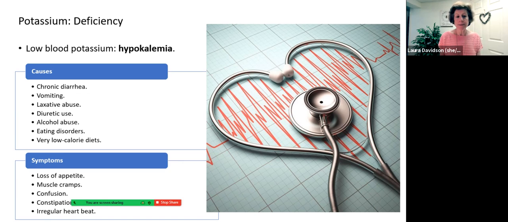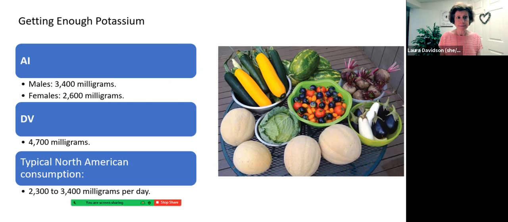Low blood potassium is called hypokalemia. We see that in bulimia, we see that in chronic diarrhea, very low calorie diets, and it can cause a number of symptoms, including an irregular heartbeat. So to get enough potassium, you need to make sure that you consume all of these wonderful, healthy, plant-based foods.